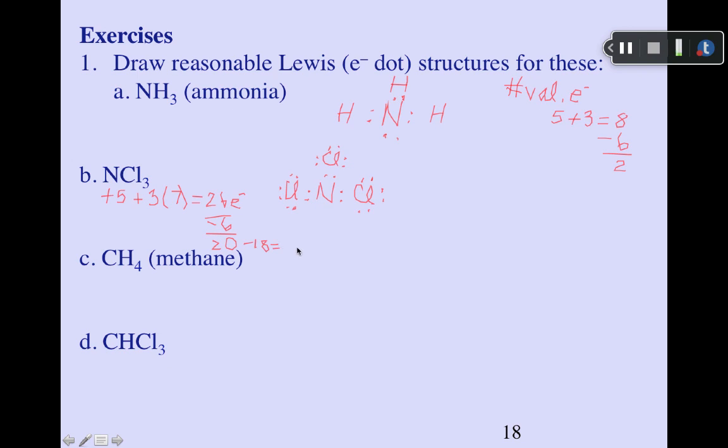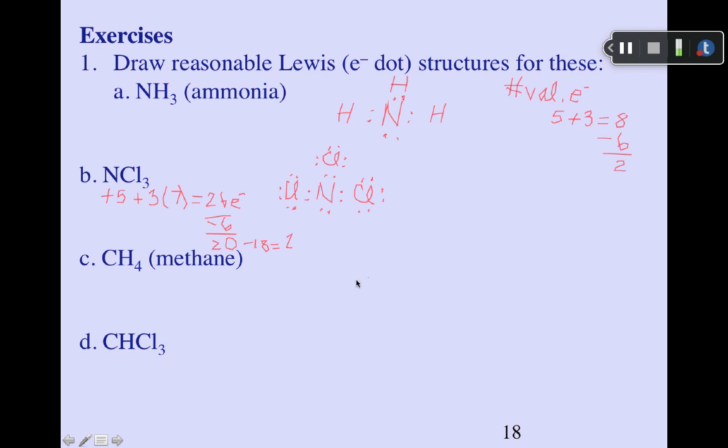So where do the last 2 electrons go? They have to be on the nitrogen. And that way nitrogen will also have an octet, and the diagram is complete. Everything has an octet if you look closely, and all the total number of valence electrons have been used.